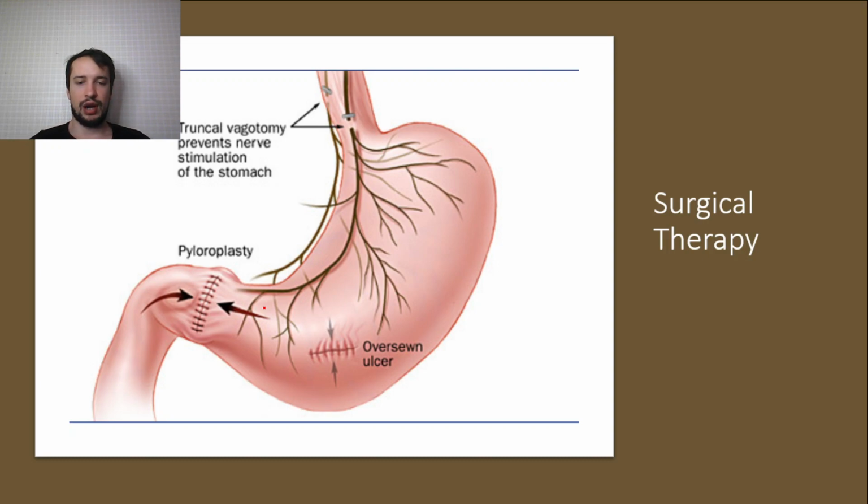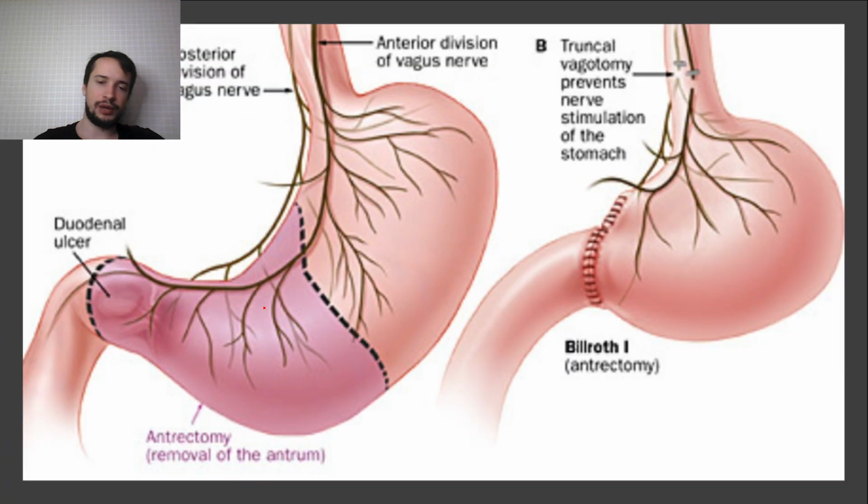Recurrence rates after vagotomy and pyloroplasty are somewhat higher. Laparoscopic selective vagotomy provides an appealing alternative for a subset of ulcer patients with lower morbidity, shorter recovery time, and a shorter hospital stay.